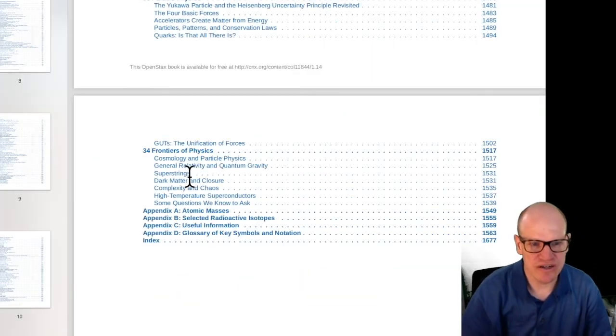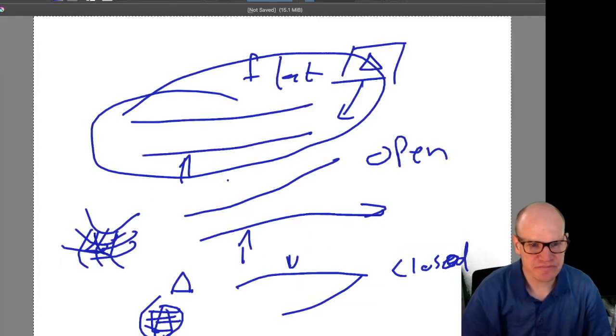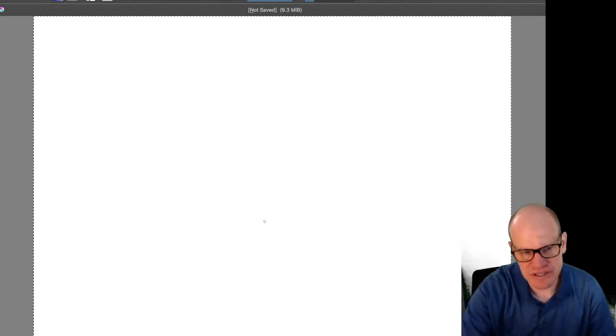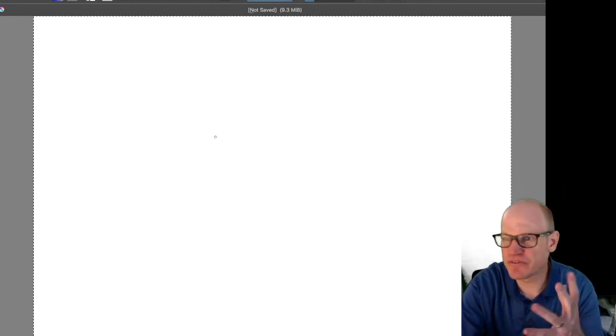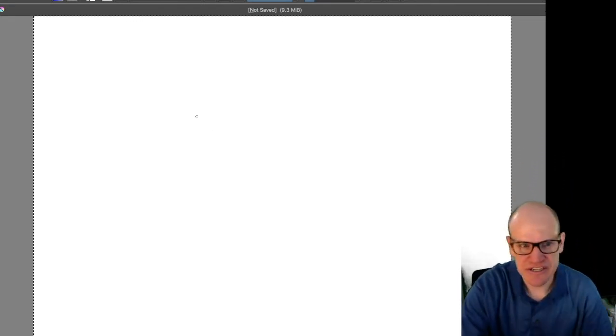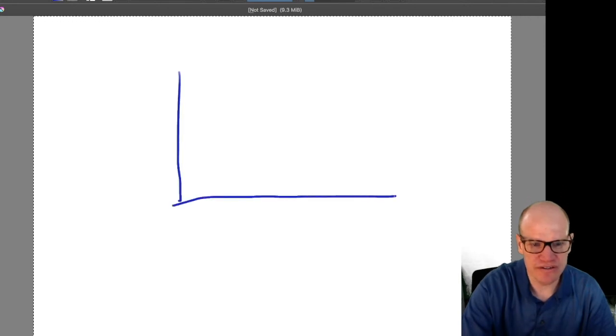So what does this tell us? This tells us that the total energy density in the universe, the sum of all available energies, adds to 1. So if you were to plot the primary sources of energy density, you would have matter.